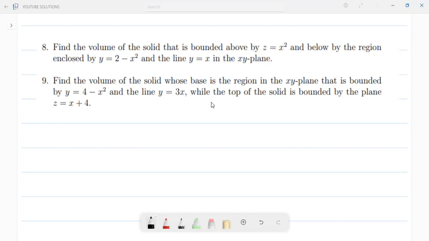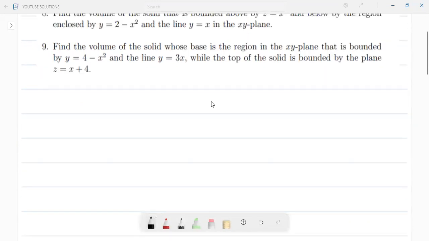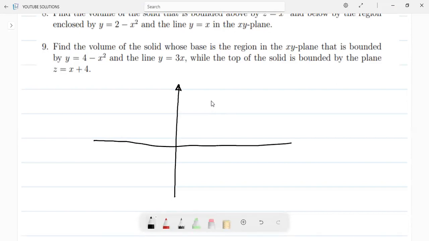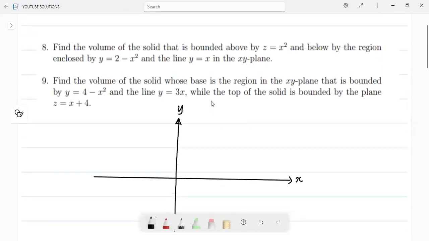Let me first sketch this region. In the xy plane, I'll draw the axes: the y-axis here, and then the x-axis. Now you have the parabola y equal to 2 minus x squared.